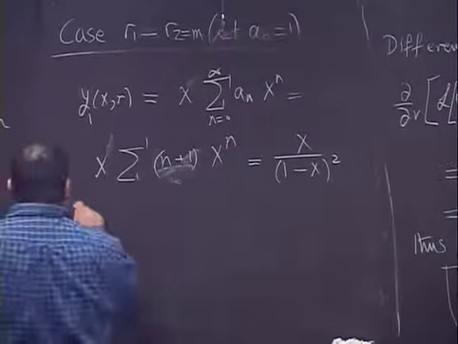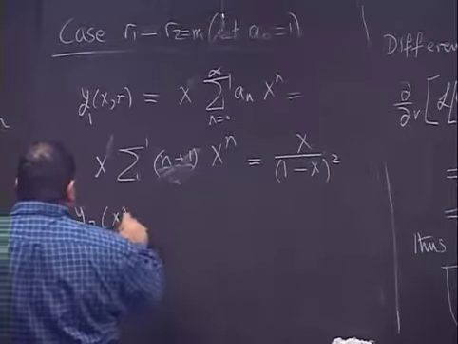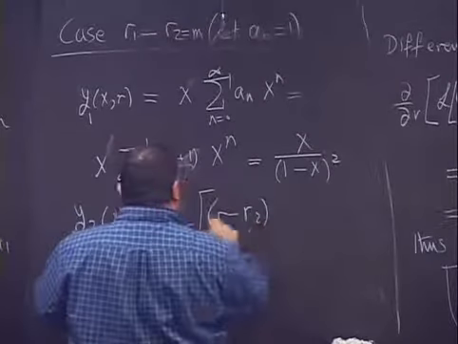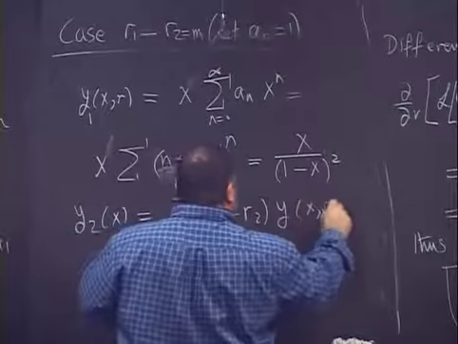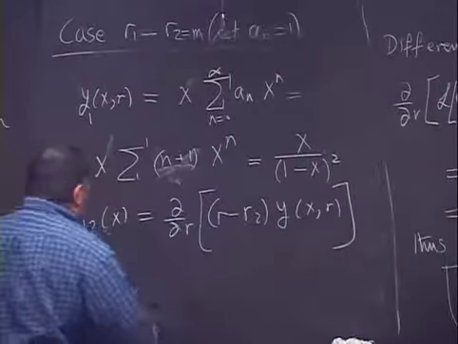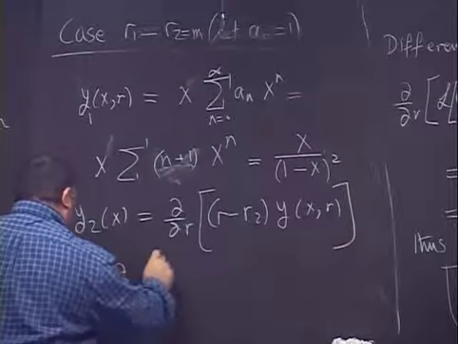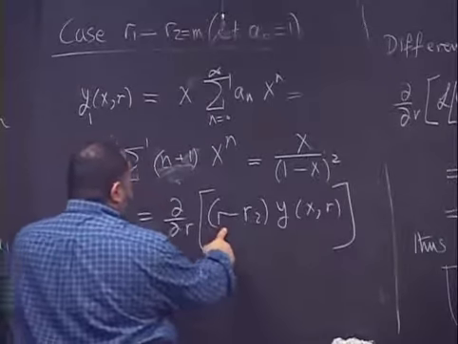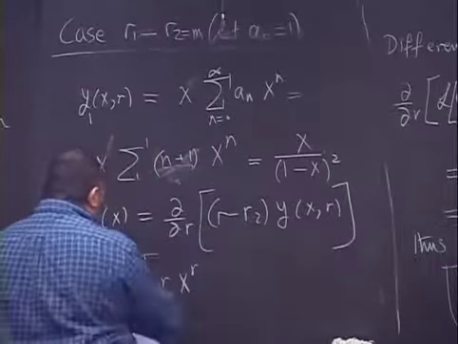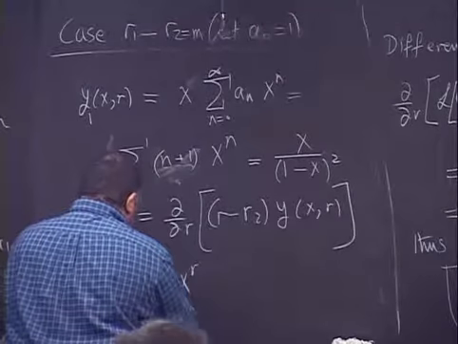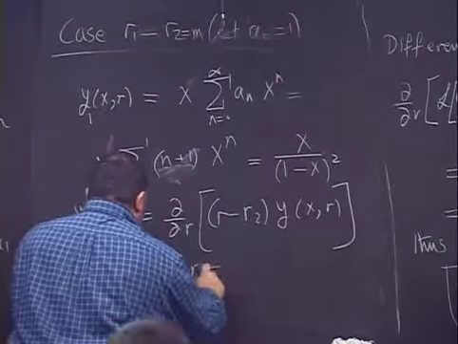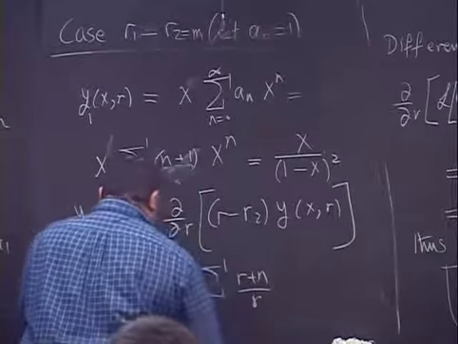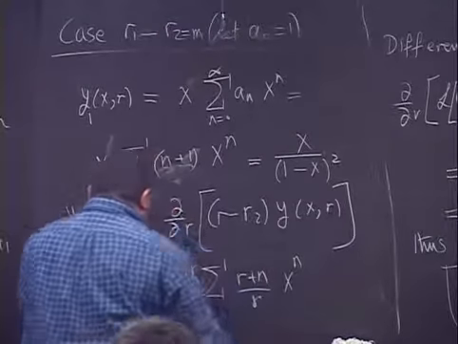Second solution, y2 of x, will be just equal to d by dr of (r minus r2) multiplied by y of x and r. So this will be equal to d by dr of r multiplied by x to the power of r multiplied by the summation of (r plus n) divided by r, x to the power of n.